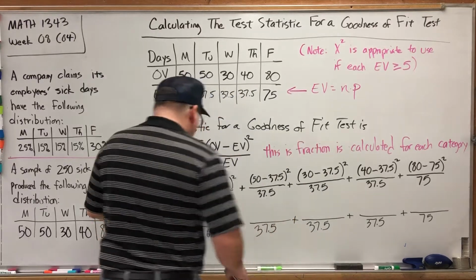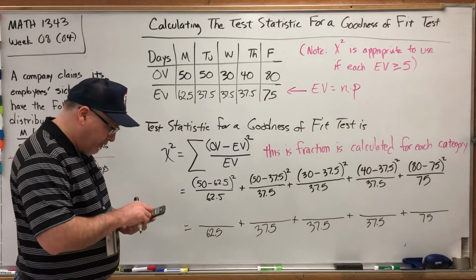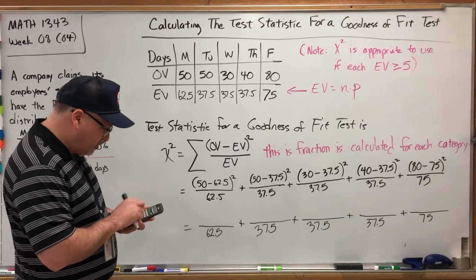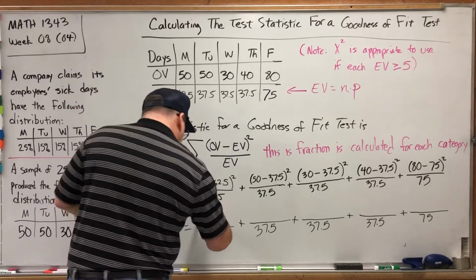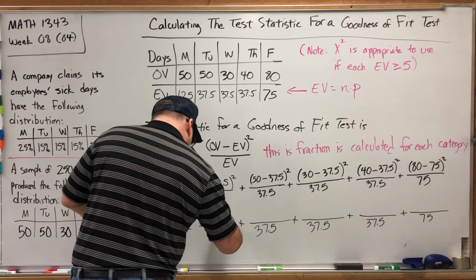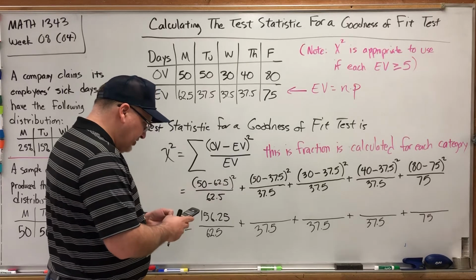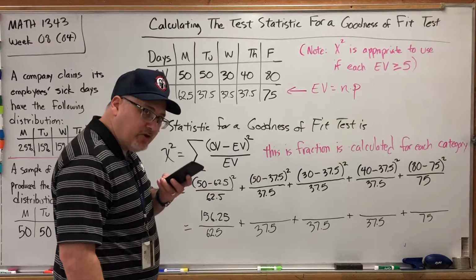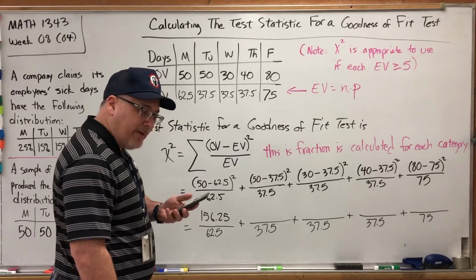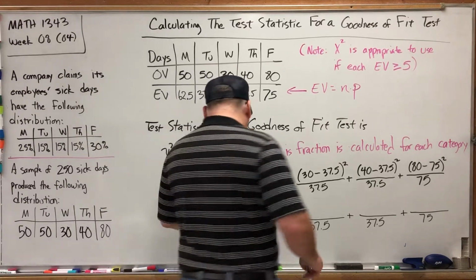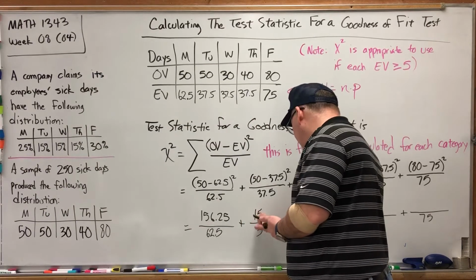But for the numerators, those are pretty easy to do. Like for the first numerator, 50 minus 62.5 equals, and then square that, get 156.25. And then the same thing for the rest of them. 50 minus 37.5, be sure to complete the subtraction by pressing equals and then pressing the square button, also 156.25.